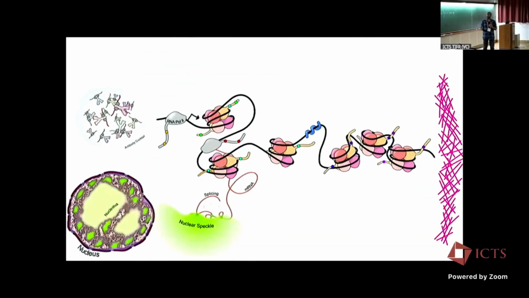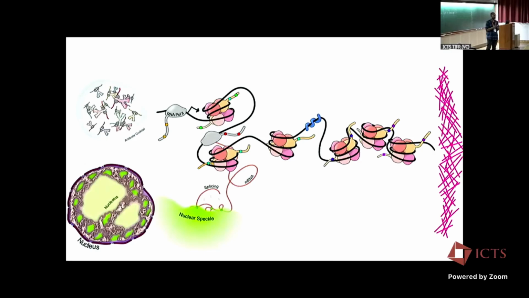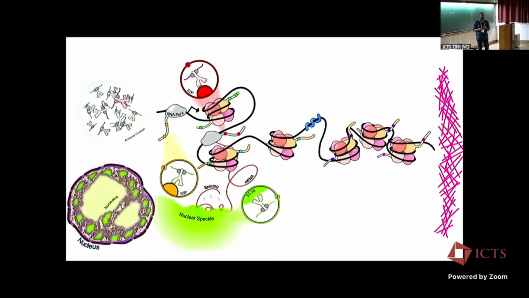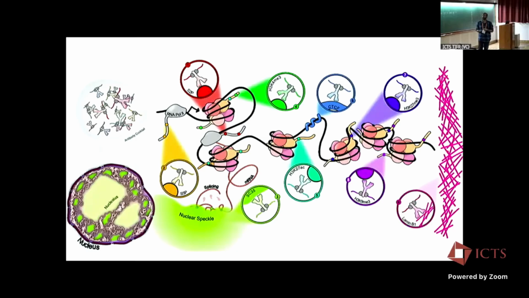Now that we had all the antibodies coupled with nanobodies carrying a barcoded docking strand, we started imaging several targets inside the nucleus, ranging from the transcription machinery, the splicing machinery, the euchromatin, the heterochromatin, and eventually ending up at the lamin.